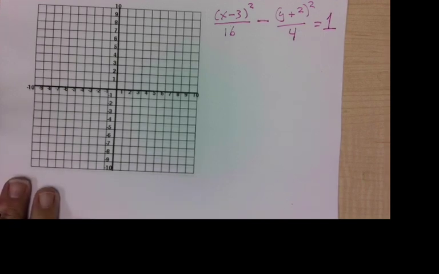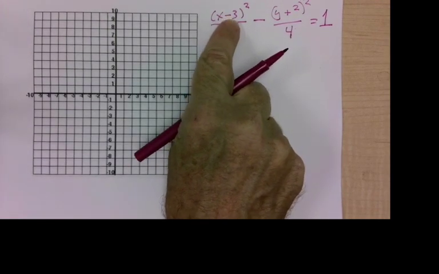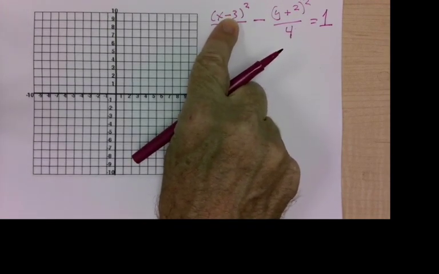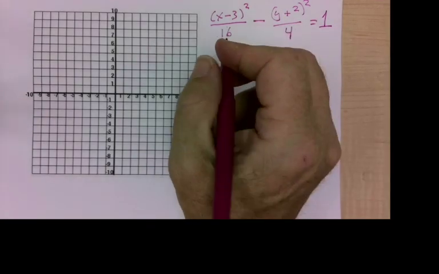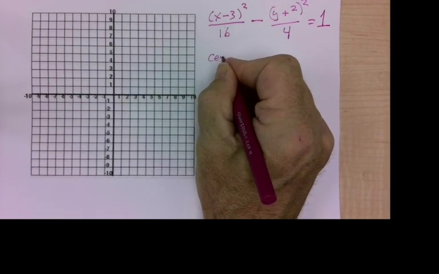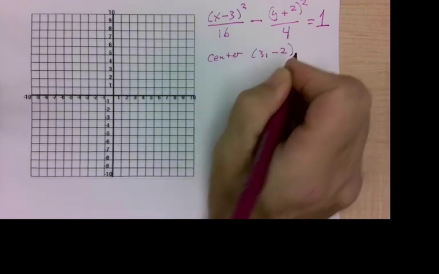The first thing we need to do is determine our center. So you can see what makes this thing behave like a 0, that would be x equals 3. What makes this behave like a 0, that would be y is negative 2. So the center here is 3, negative 2.